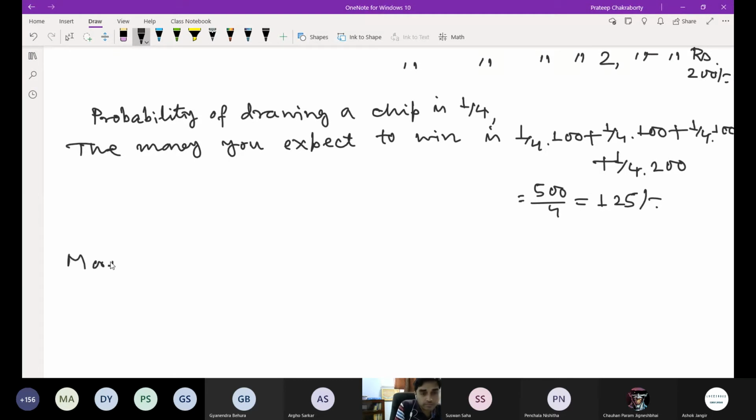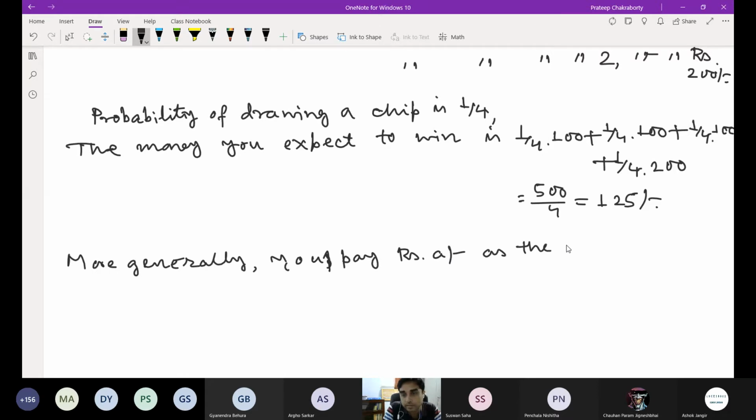So more generally, suppose again you are playing a game of lottery and you pay rupees A as the game fee, and you can win any number between x1 to xn.